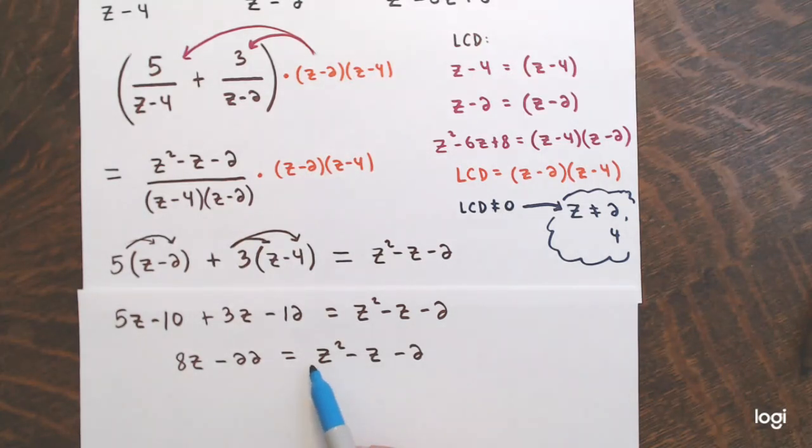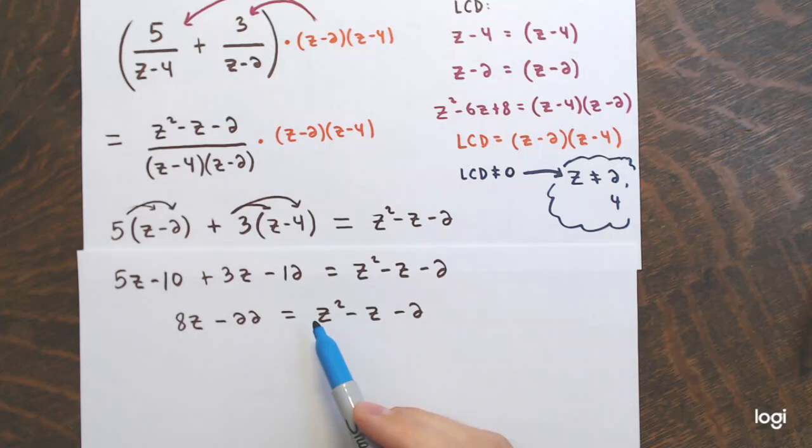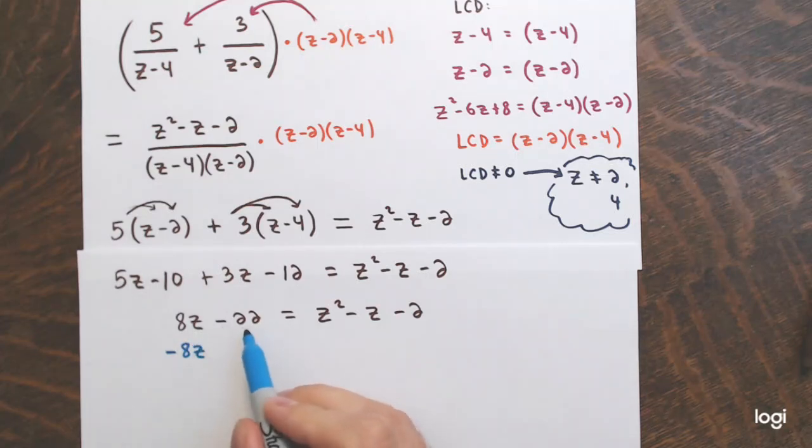Now I like having a positive lead coefficient, a positive coefficient on my highest powered term of a polynomial. So I'm going to leave this z squared over here, and I'm going to take everything to the right. So I'm going to subtract the 8z from the left, and there's a negative 22 there, so I'm going to add 22. And what you do to one side, you have to do to the other.